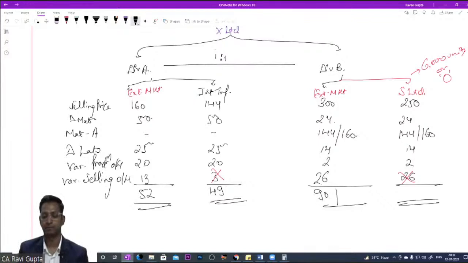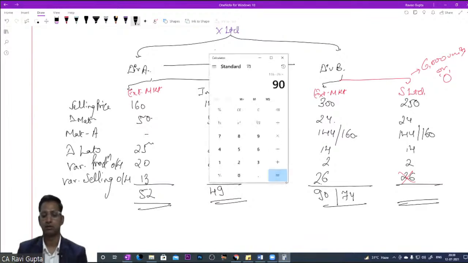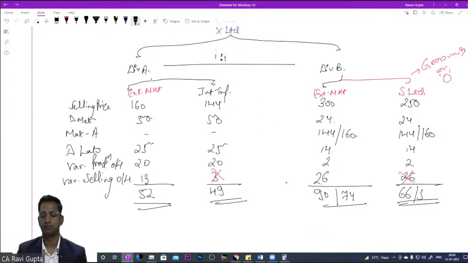And if we further reduce 16 rupees, because this cost is more by 16 rupees, it will be 74 rupees. And 250 rupees minus 24 minus 144 minus 14 minus 2 rupees, that is 66 and 15. So this is our contribution.